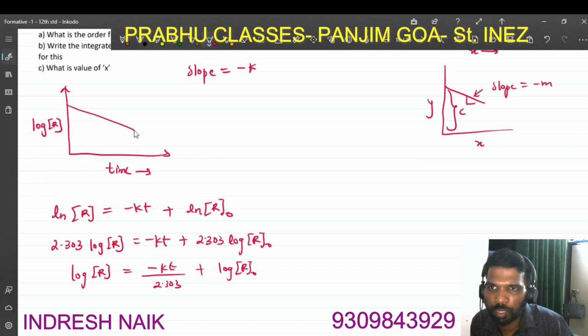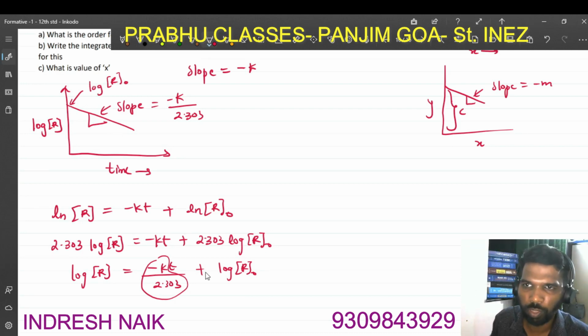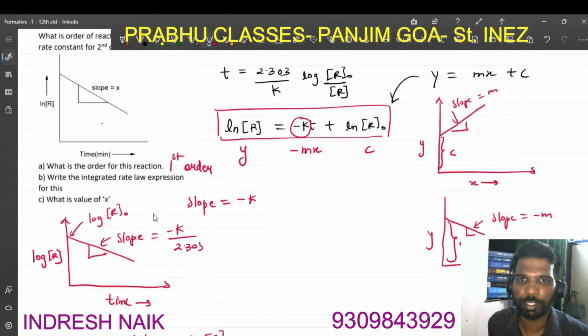And the slope is negative. This will be the slope, which is equal to minus k by 2.303, right? In the case of log, otherwise it is minus k, no? Now it is 2.303, and this is the intercept, which is log of r0, the maximum value of r. So that's it.